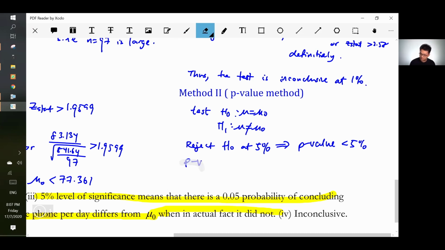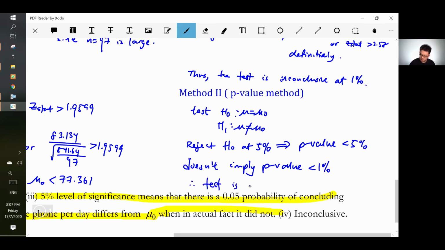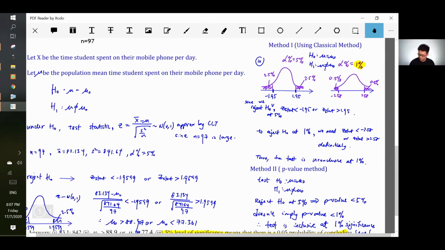This doesn't imply the p-value is less than 1%. Hence, the test is inconclusive at the 1% significance level. The p-value method is actually much easier to write.